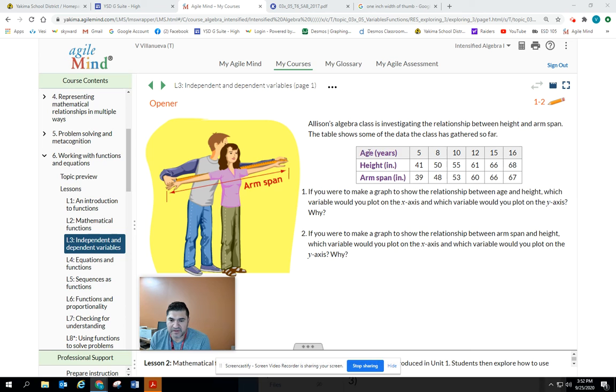So we have 3 different types of data here. We've got age in years, we've got height measured in inches, and arm span measured in inches. So if we look at our table here, as our age goes up, what do we notice about our height?